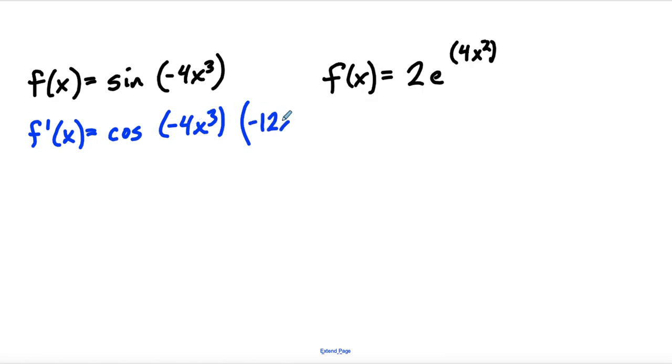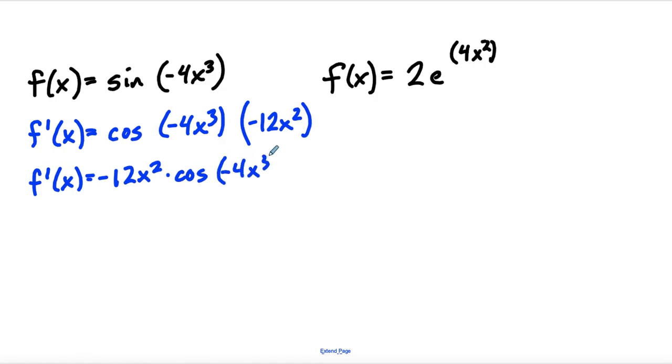So that's going to leave me with negative 12x squared, and I like to just write this at the beginning to keep everything clear. It's negative 12x squared times cosine of negative 4x cubed. And now you're done with this one.